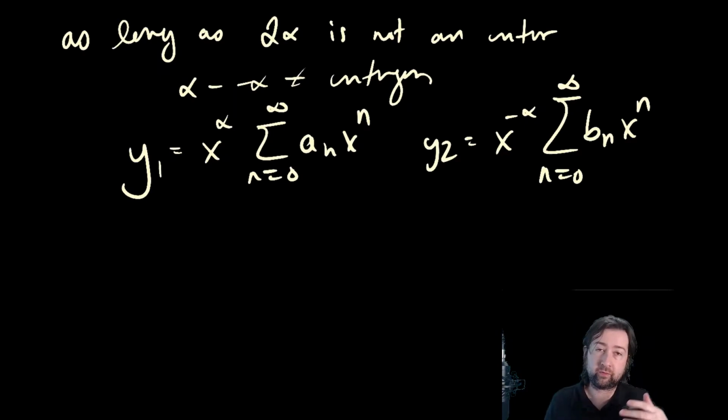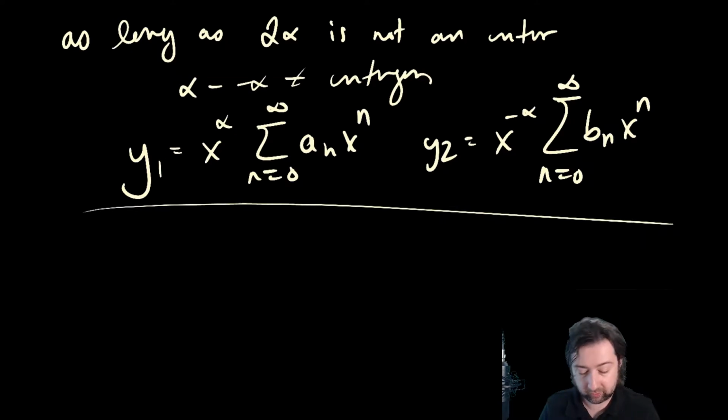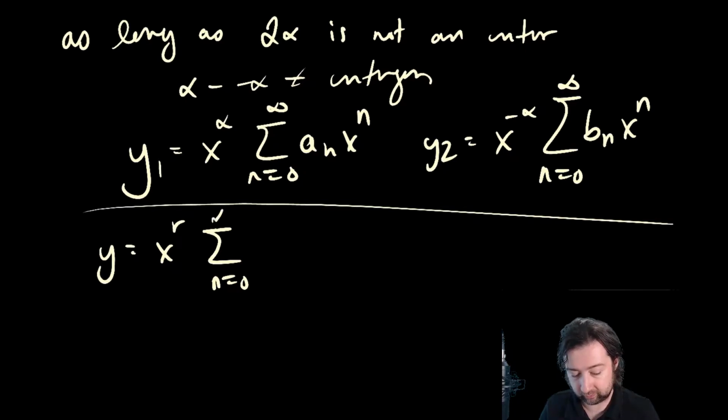So the way that we solve Frobenius problems is we always take the general equation with x to the r, and then we get the recursion, and then when we need to, we plug in r is equal to alpha. So that means that we're going to be looking at the general solution y is equal to x to the r times the sum from n equals 0 to infinity of an x to the n.